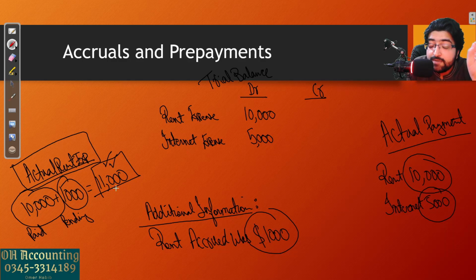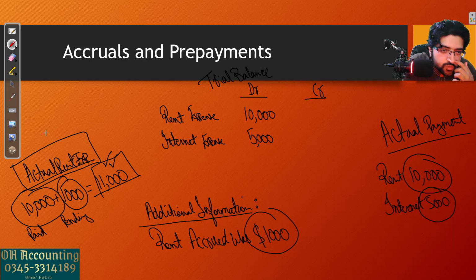This is what the matching principle states. That you don't have to care about how much money you have paid in reality. You just have to show the entire amount of expense or income relating to the current year. Okay. Regardless of how much you paid for it.